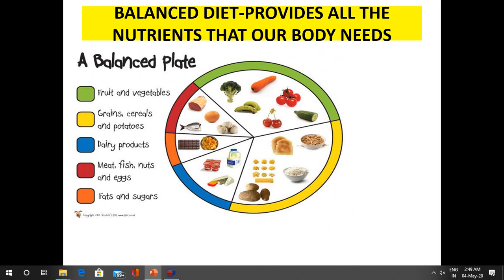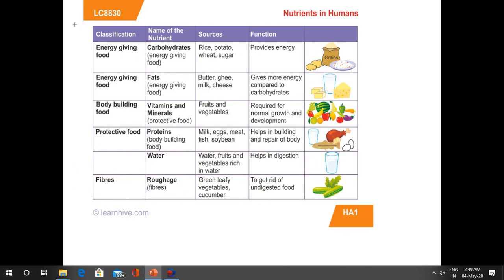What is the classification? Let us revise this. There are energy giving foods, bodybuilding foods, protective foods and fibers. Carbohydrates and fats are called energy giving foods, and vitamins, minerals and proteins are protective and bodybuilding foods. Water is very important for our body, and roughage is otherwise called fibers.